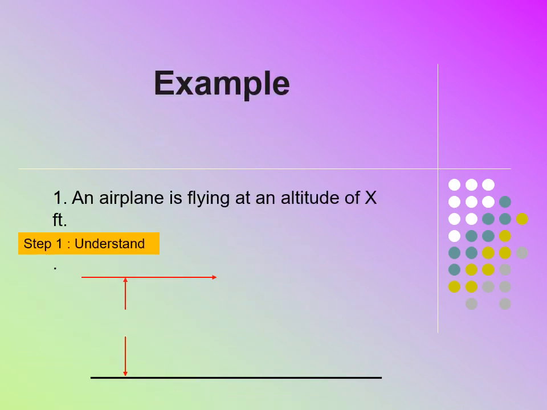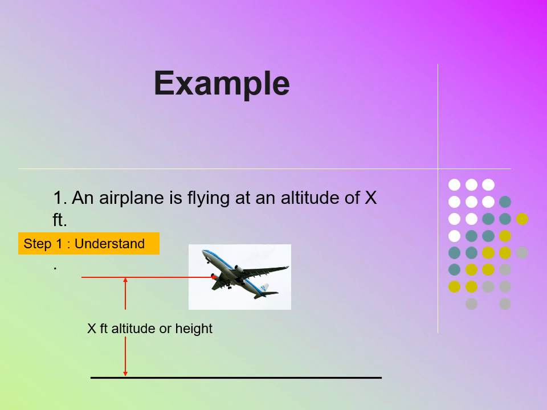So we can use now some of our basic concepts in analyzing routine and non-routine problems. The first step is understand. The given facts: you have an airplane flying at an x altitude. So that is the airplane, flying at x feet altitude or height from the ground. That is one fact.